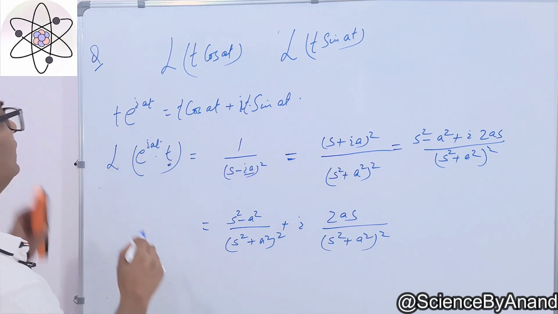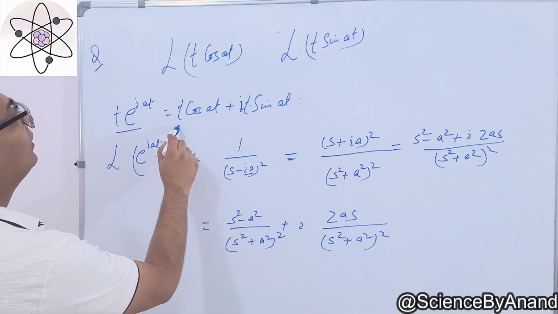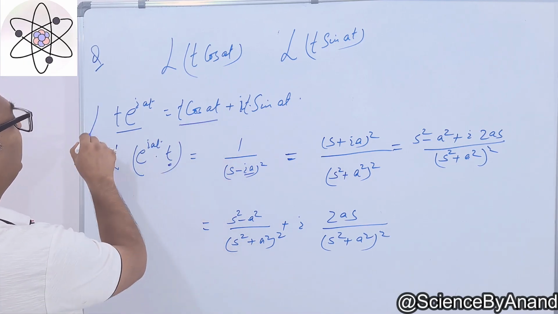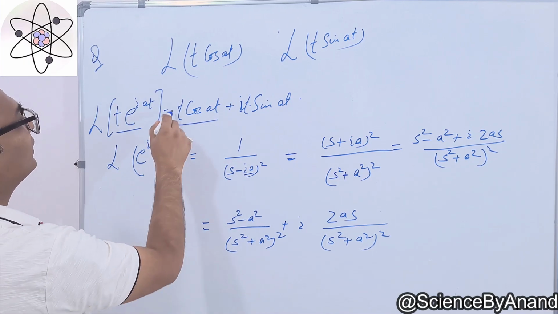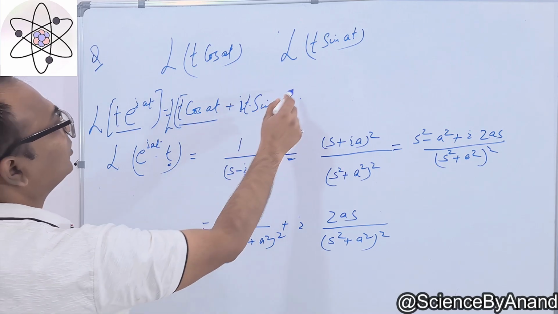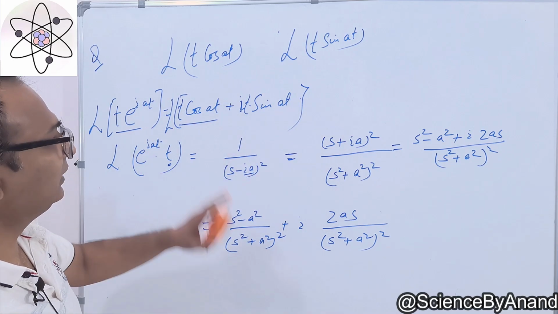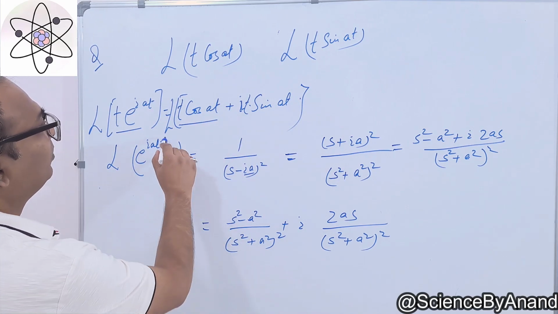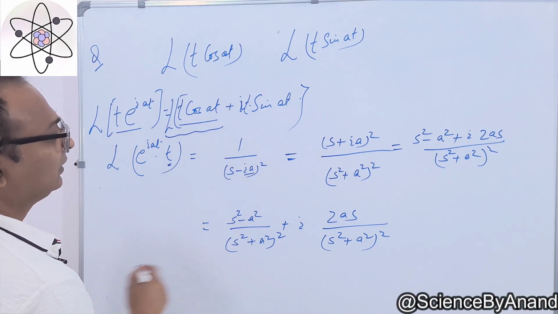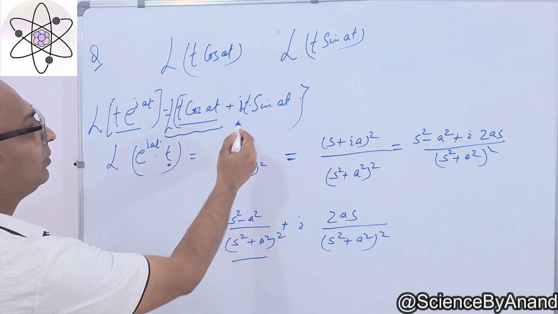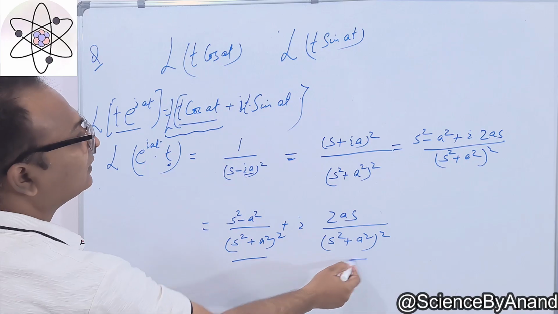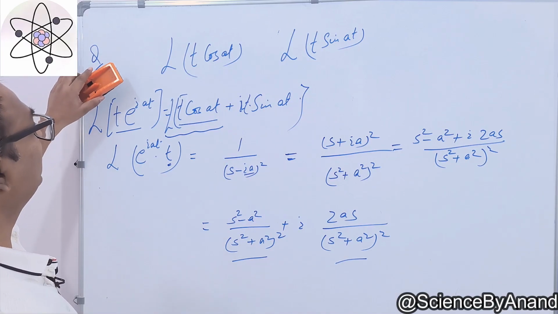So this is the real part. If we take Laplace transform of this, it is Laplace transform of this and this. So separating the real and imaginary part, Laplace transform of t cos at is this, and Laplace transform of t sin at is this. So I'm writing it properly.